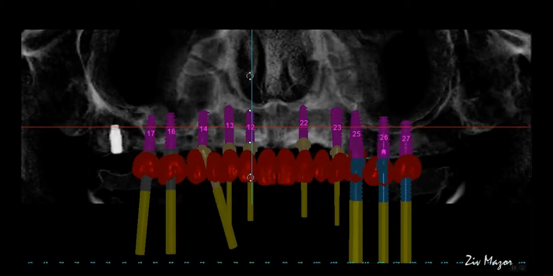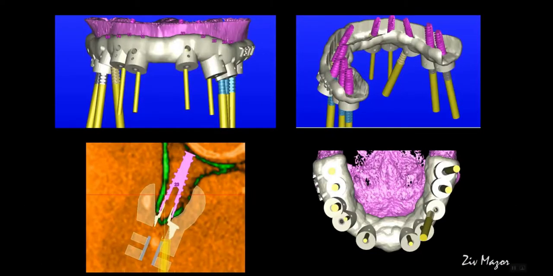I'm a big advocate of the all-on-more concept. The idea here was to place 5 implants on each side. Again, we would require some GBR procedures, like sinus augmentation in the back and a little bit of ridge expansion in the front.